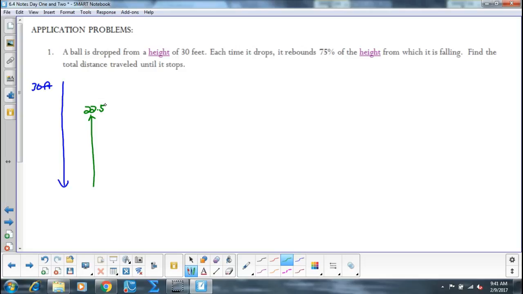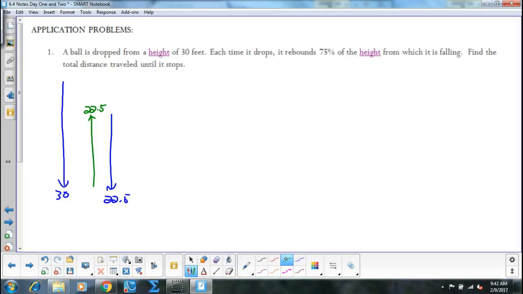Goes up 16.875. What happens first? It goes back down. How far? All the way to the ground. So it goes back down 22.5 feet. Okay. Then what happens? Then it goes up 16.875 feet.